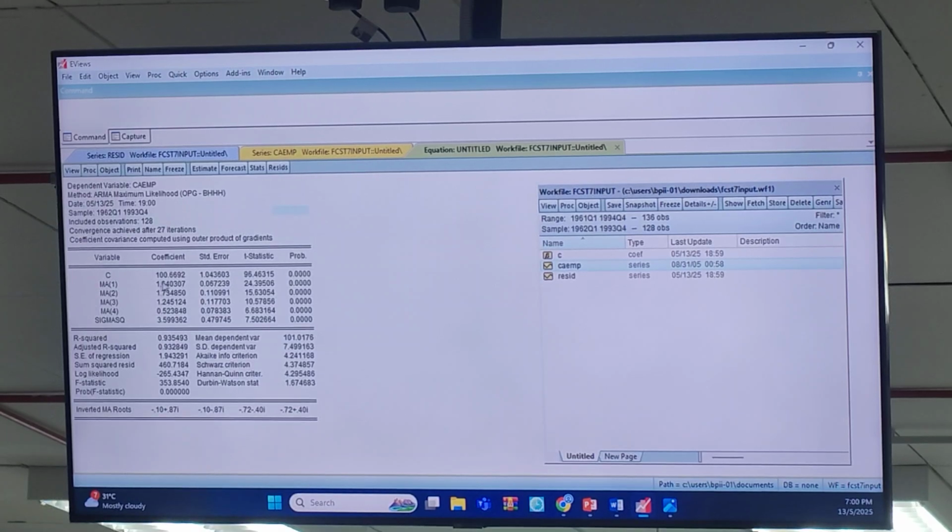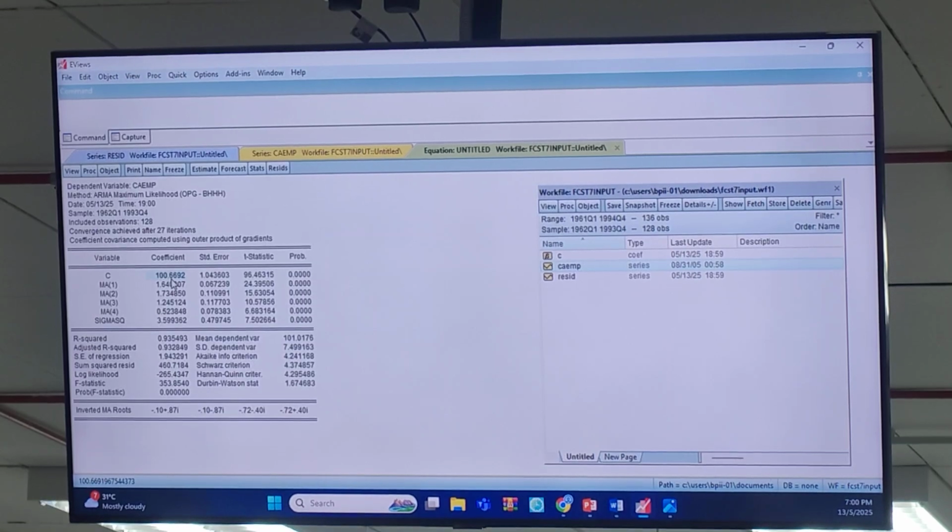So for this MA4, remember this C: for pure MA, the constant is exactly equal to the mean. But for autoregressive, the constant is not necessarily equal to the mean.